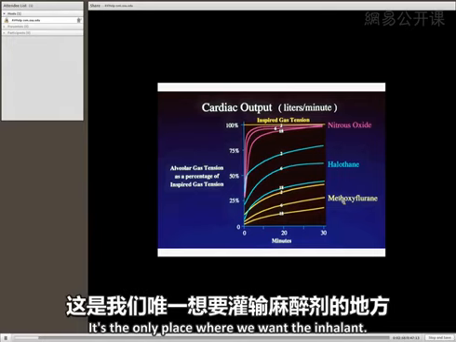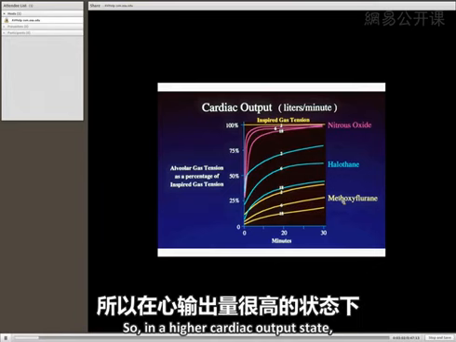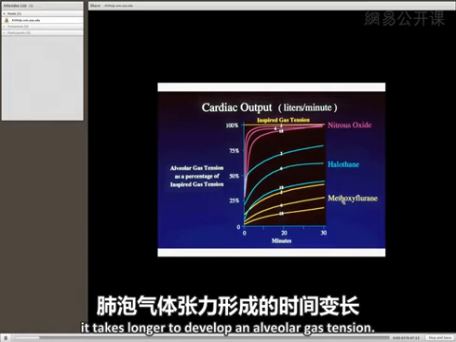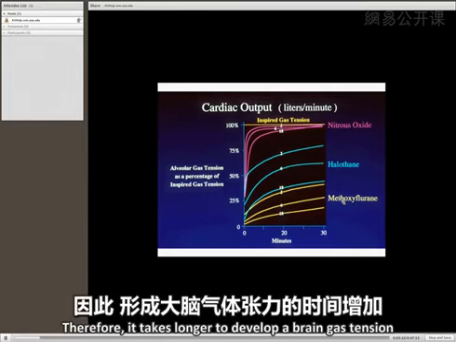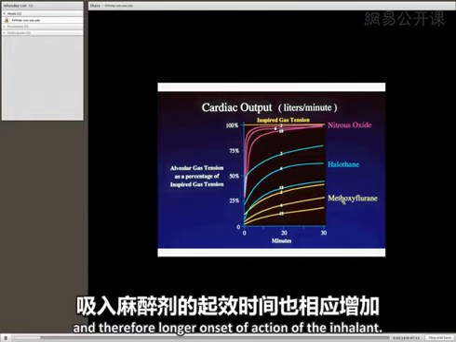It's the only place we really want inhalant. We want it in the brain, we want it in the spinal cord. So in a higher cardiac output state, it takes longer to develop an alveolar gas tension. Therefore, it takes longer to develop a brain gas tension, and therefore a longer onset of action of the inhalant.